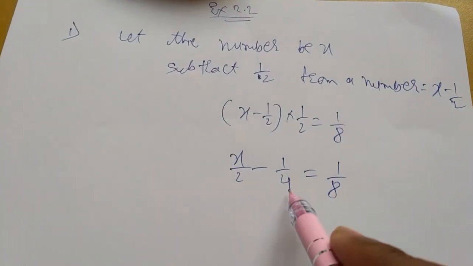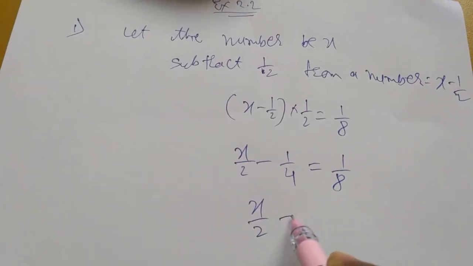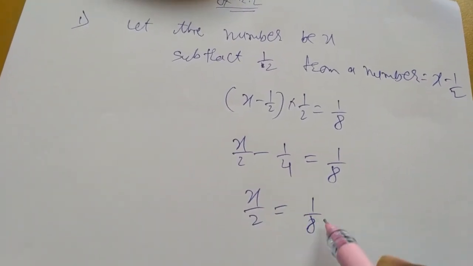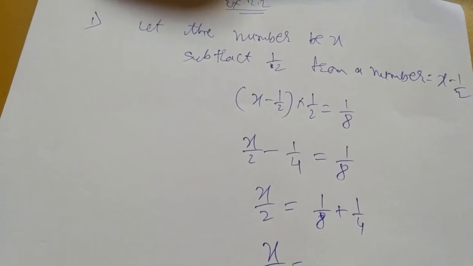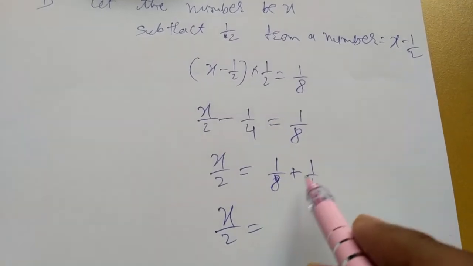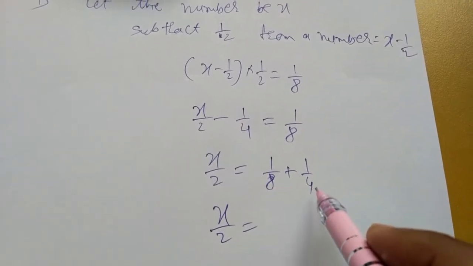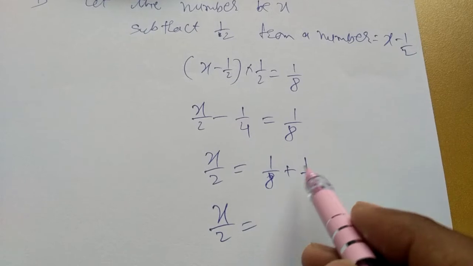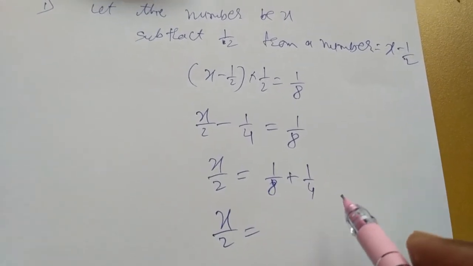Now we shift 1 by 4 to the right side, means x by 2 is equals to 1 by 8 plus 1 by 4. We can take LCM or we can do cross multiplication. Both methods can be used, but I am taking LCM here.